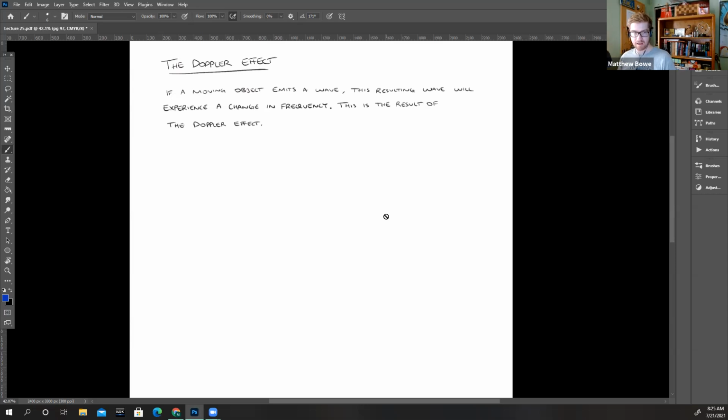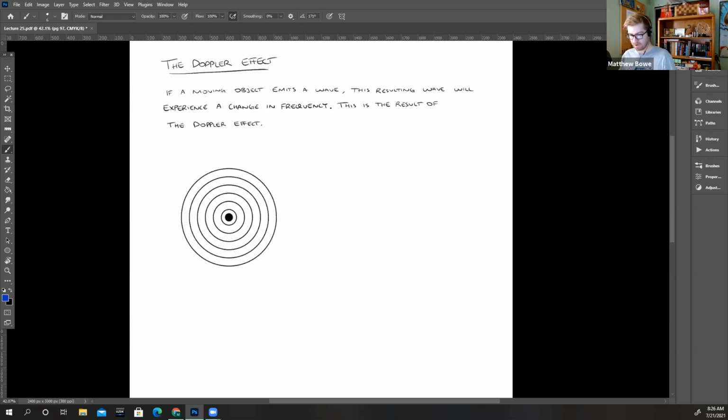So say we have a car. I think a lot of my examples involve a car horn. So let's say we have a car horn going off and the car is parked. It's stationary. This is a stationary source for this wave.